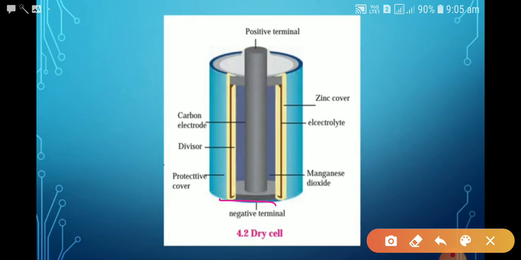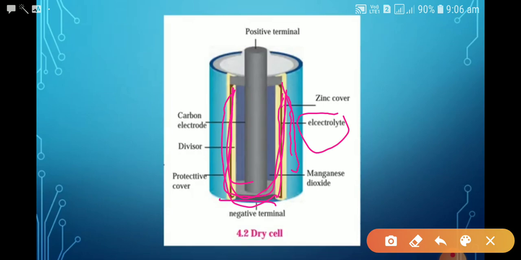So where is it filled? Here the mixture of zinc chloride and ammonium chloride is mixed. That is called the electrolyte. These electrolytes are the carriers of electricity. They have positive and negative charges, ions are there.